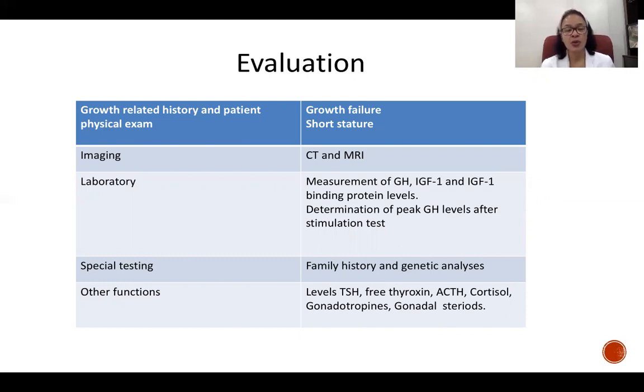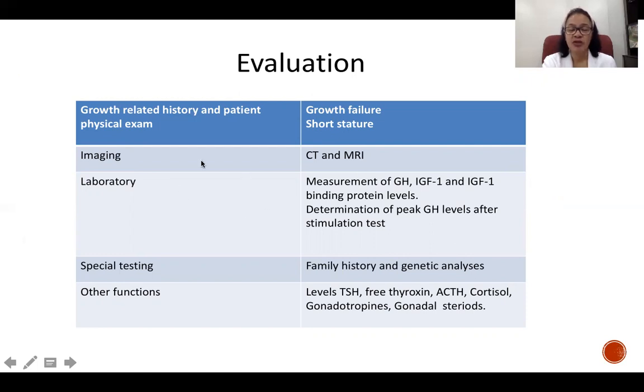So we have the following tools in the evaluation for this particular patient. You can have imaging also. You can do your CT and MRI to confirm the presence of a mass.